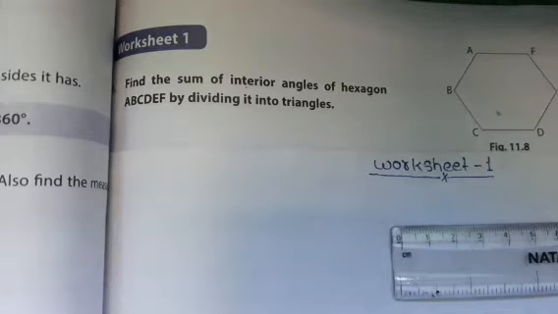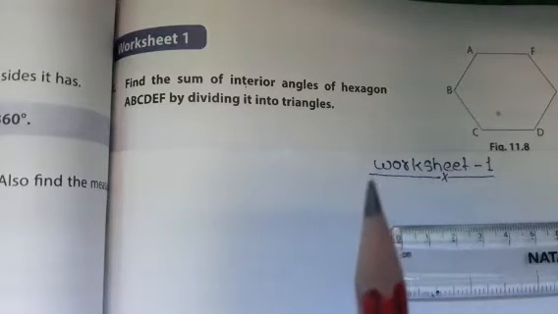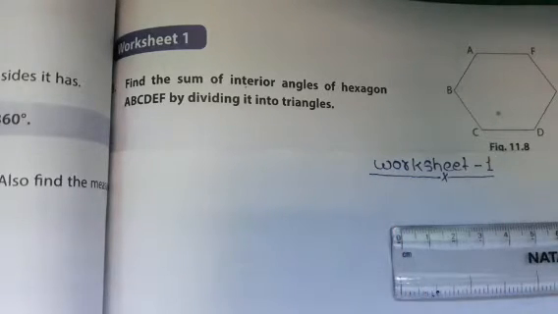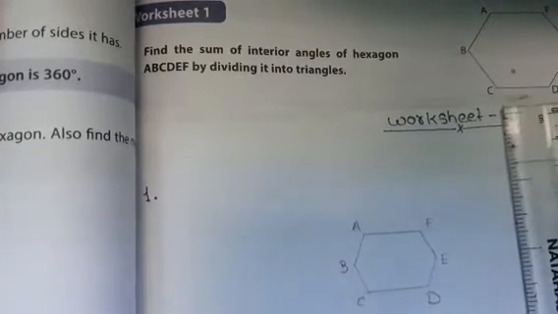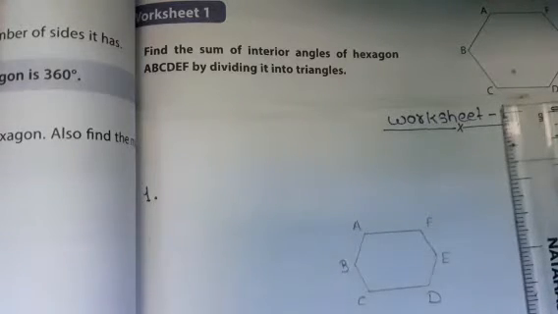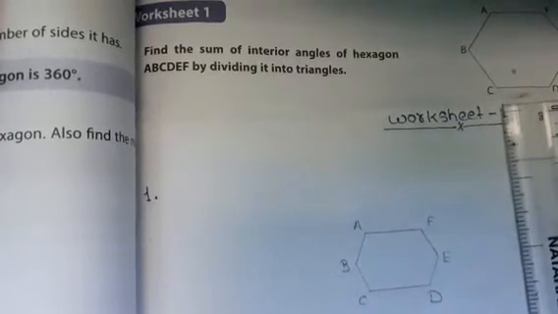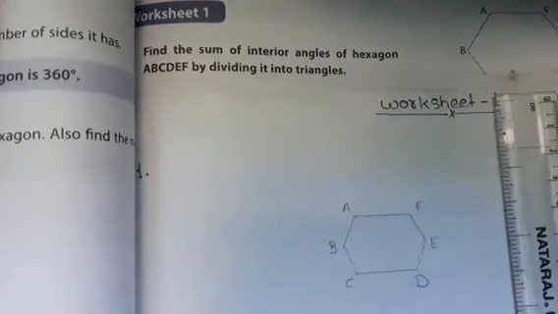Always keep in mind that all construction work should be done with a pencil, not a pen. So I draw with a pencil. Here I draw the hexagon and name it also. Firstly, according to the question, you have to draw triangles by joining the lines.